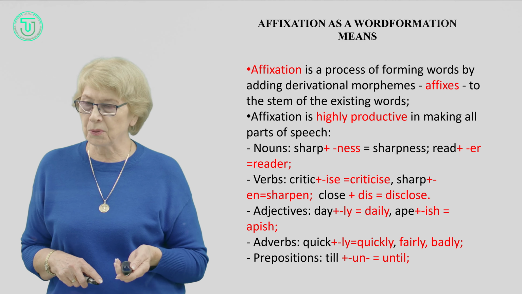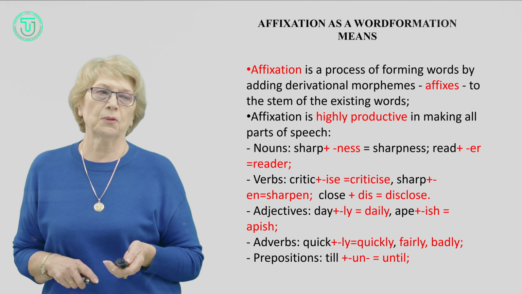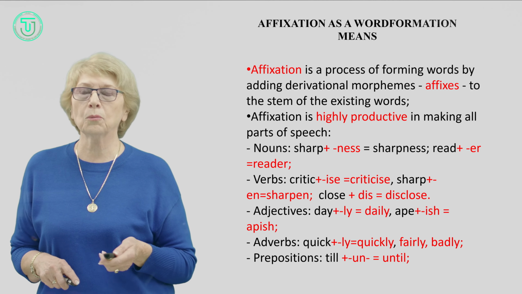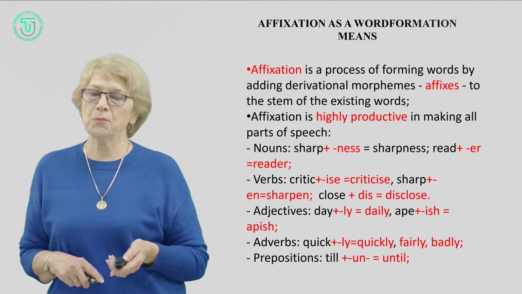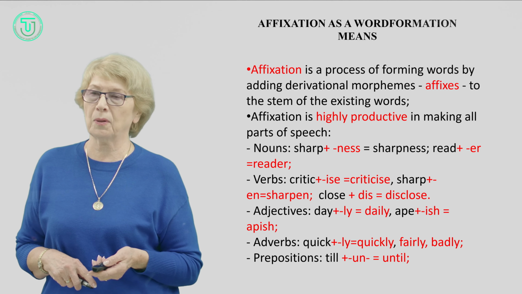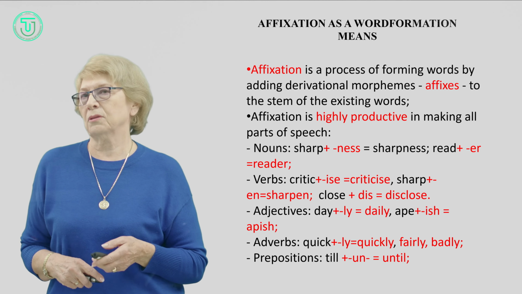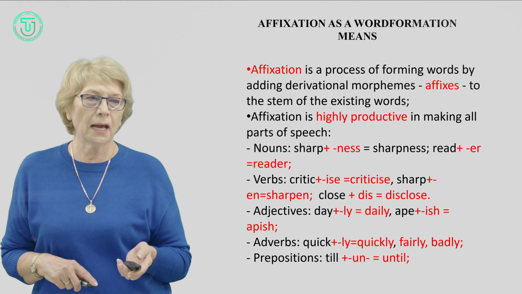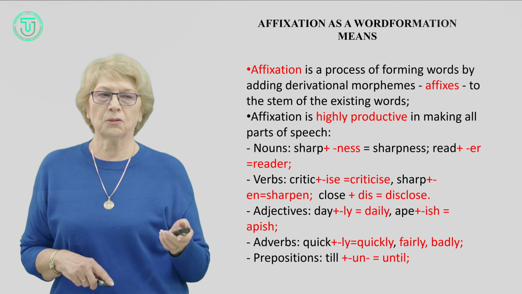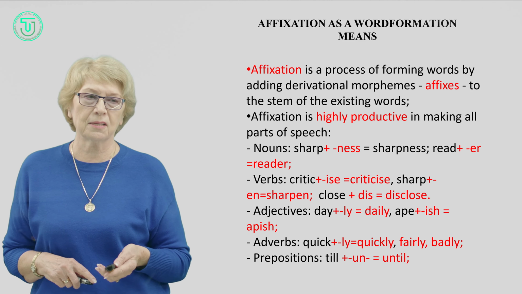Affixation is highly productive, not just productive, but really highly productive, in making all parts of speech. You can come across affixation in noun production, like sharp plus ness, it is sharpness, or reader, or government. So nouns, verbs: critic gives the verb, can be used to make a verb criticize.